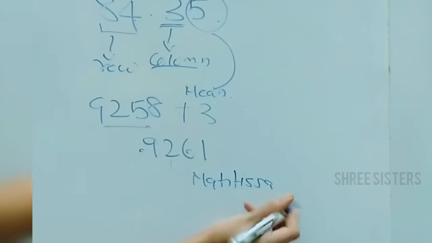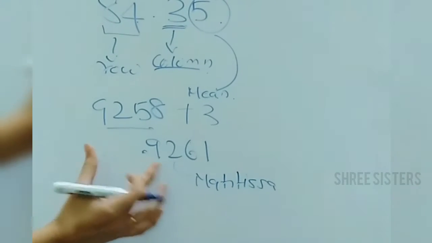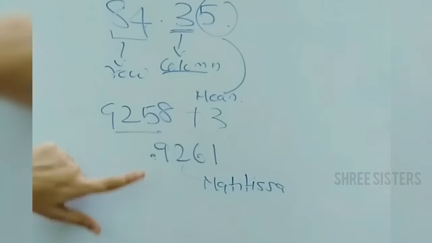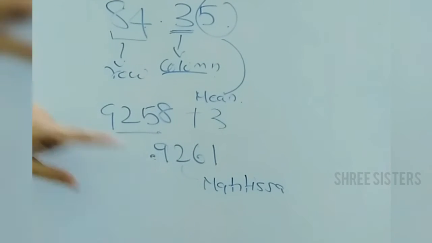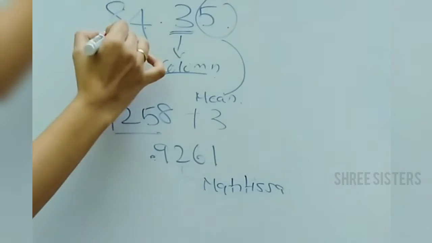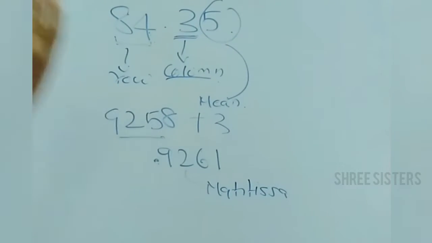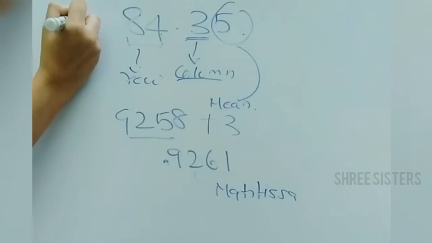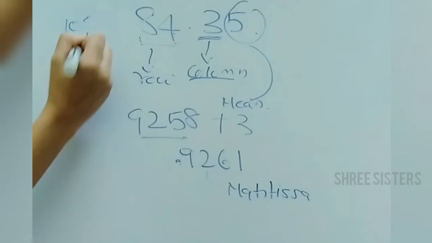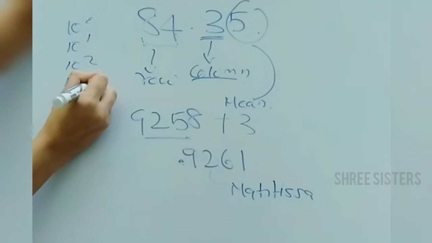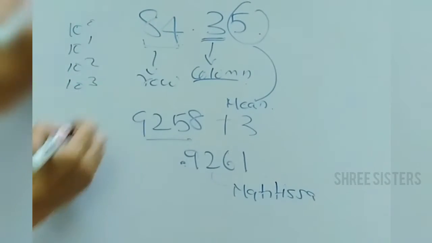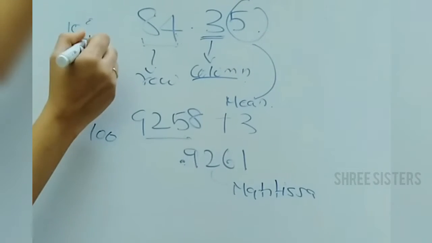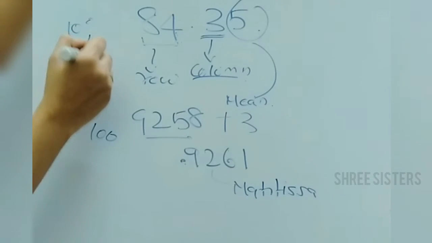So what about the characteristic? The characteristic part is the number which comes before the decimal point. For this we should see the first two digits and compare with powers of 10, to see whether it lies between 10 power 0, 10 power 1, 10 power 2 or 10 power 3. We know that 84 is between 10 and 100, which is 10 power 1 and 10 power 2.